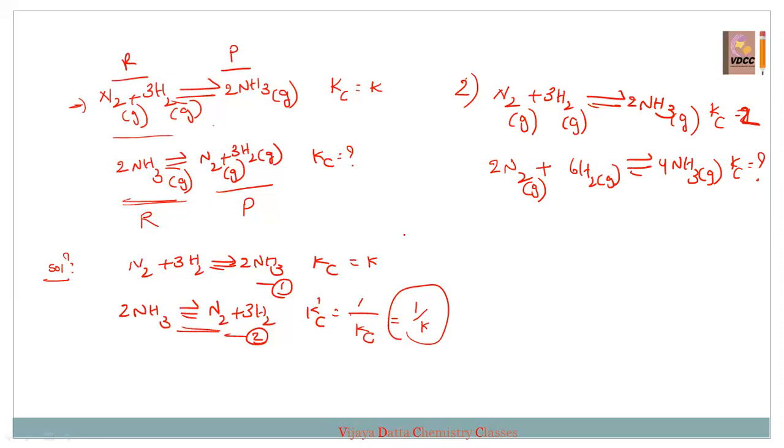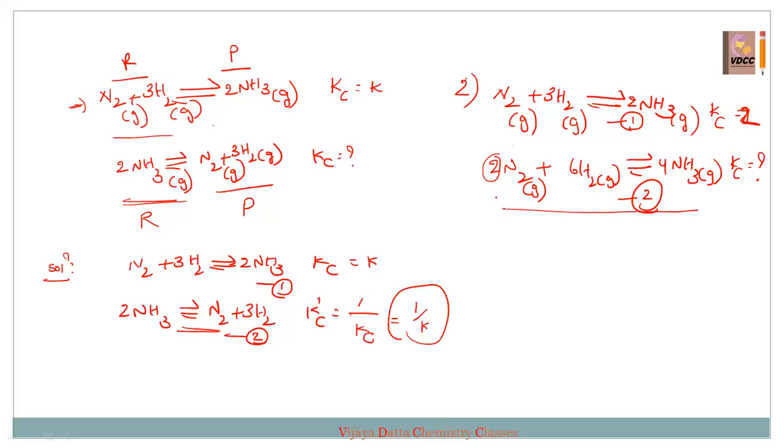First of all, you have to observe the difference between the first reaction and the second reaction. Both are given in the forward direction only. I mean, no reverse reaction has taken place. But the difference is they have multiplied with some factor. By multiplying the first reaction with some factor, we are getting the second reaction.